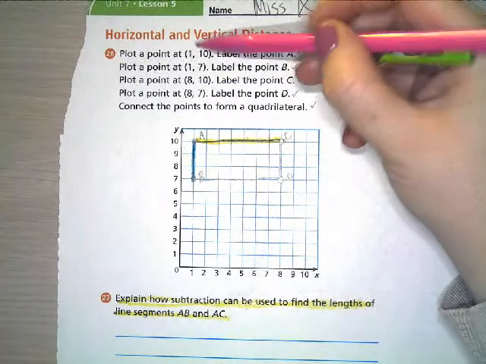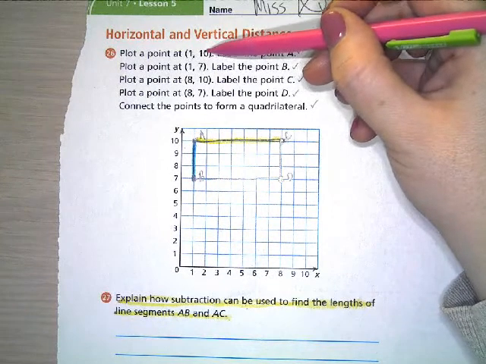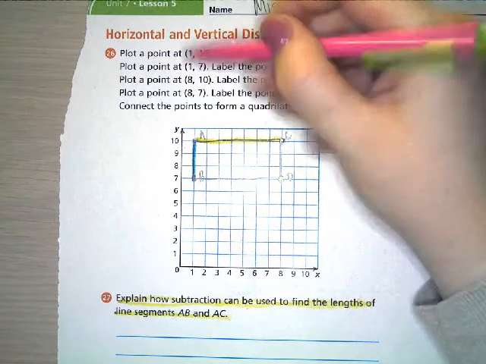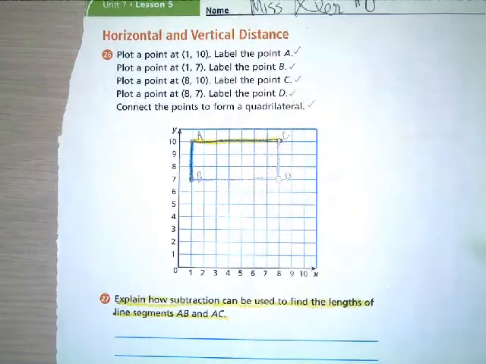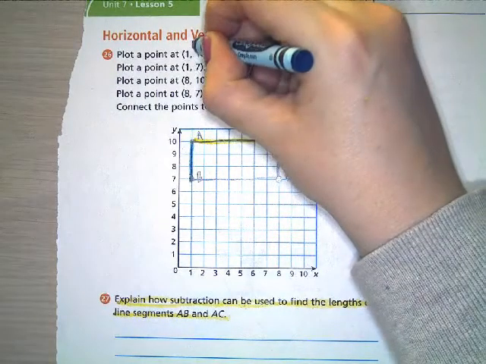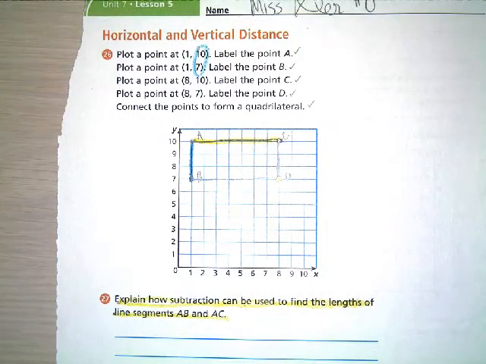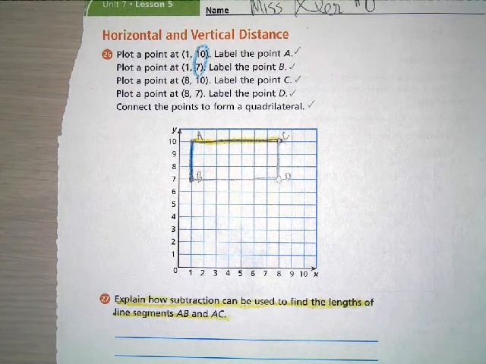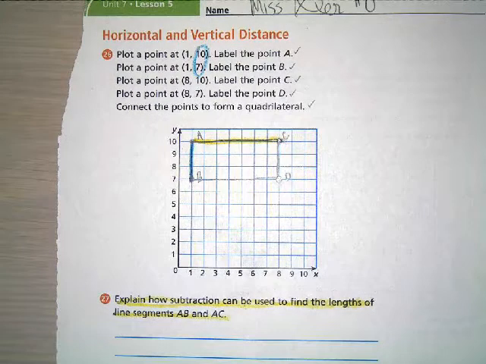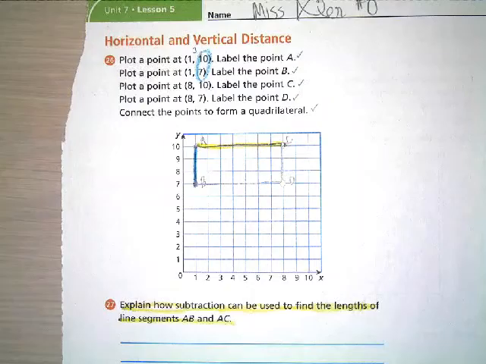So what is the vertical difference between 10 and 7? We know they're on the same line, A to B. So you're looking at it like this. Take your blue crayon. You're looking at what is that difference. You probably should know this right now. What is the difference between 10 and 7? 3. So I'm just going to write that with a pencil right here. I know that the vertical difference is 3.